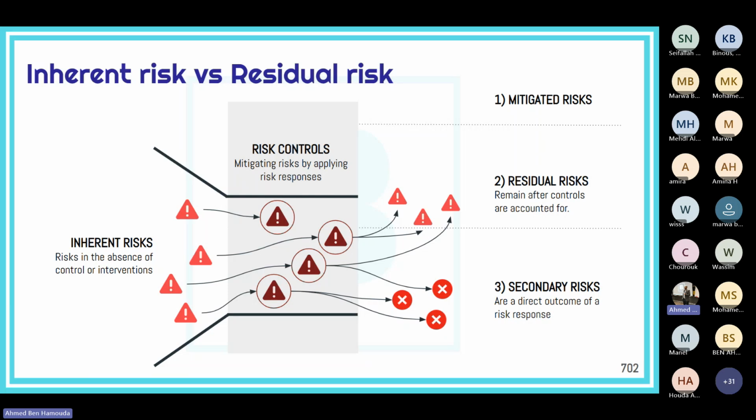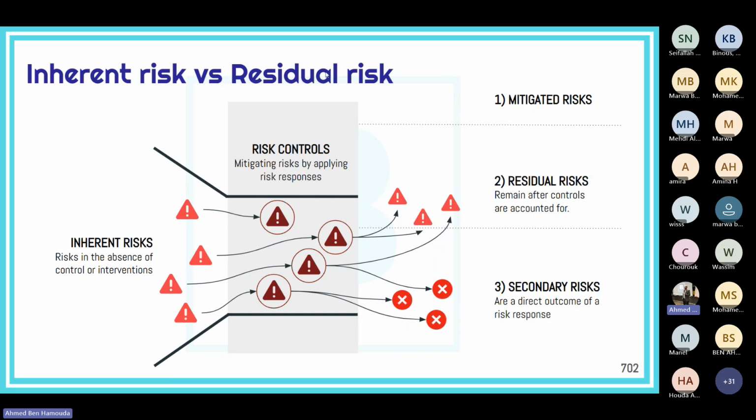So when we're not managing our project risks or program risks properly, then we're talking about inherent risks. Once we apply the risk management process or we apply control on these risks, which means we try to mitigate them by applying some risk responses, then as an outcome of the risk controls, we can have three possible outcomes.